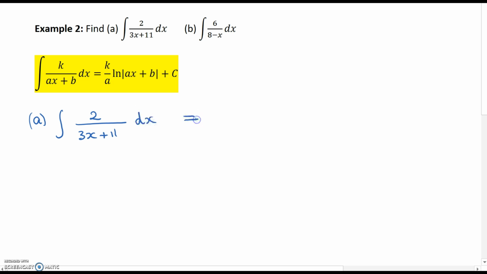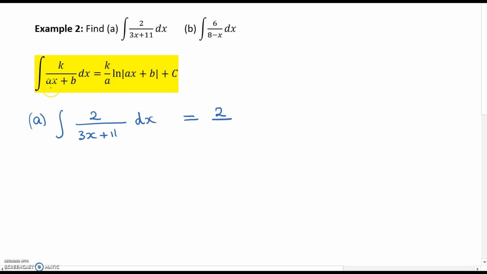Okay, and if we compare that to what was in the highlighted integral above, the number on top, k, is 2, and on the bottom we have 3x plus 11, so that matches perfectly the format ax plus b. So everything looks aligned. So our answer is going to be k, which was the number above the fraction line. So that's going to be 2 divided by a.